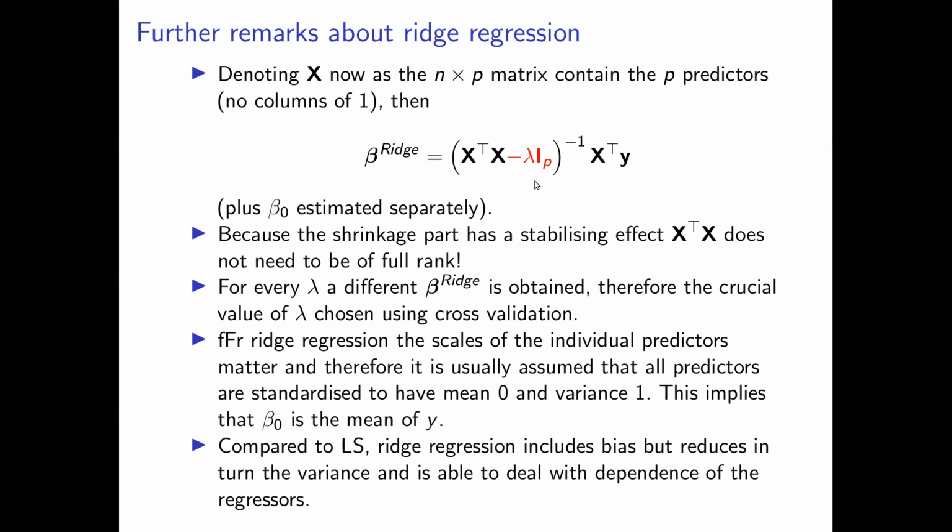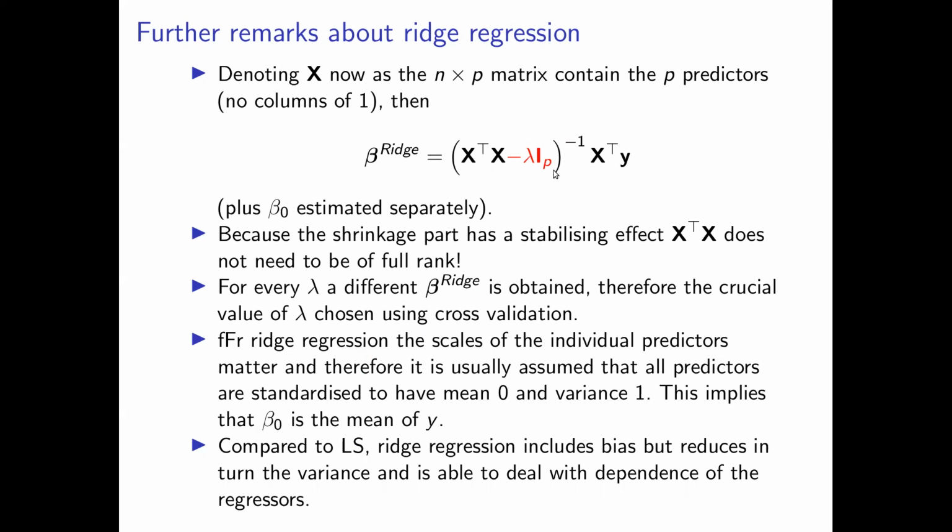And because this part is here, we can use this ridge regression in scenarios where we could not use OLS regression. This includes scenarios where X transposed X itself would not have full rank, and therefore this matrix would not have an inverse, and we could not compute the least squares estimator in the first place.